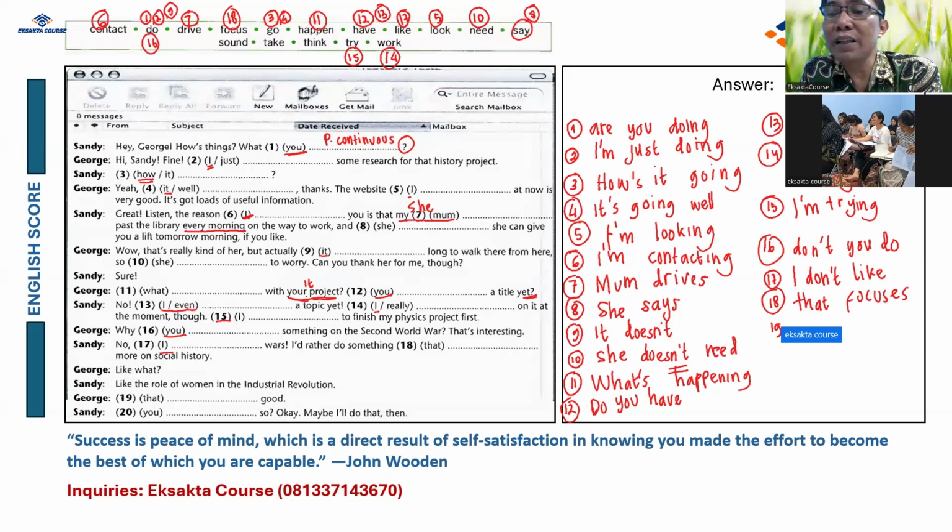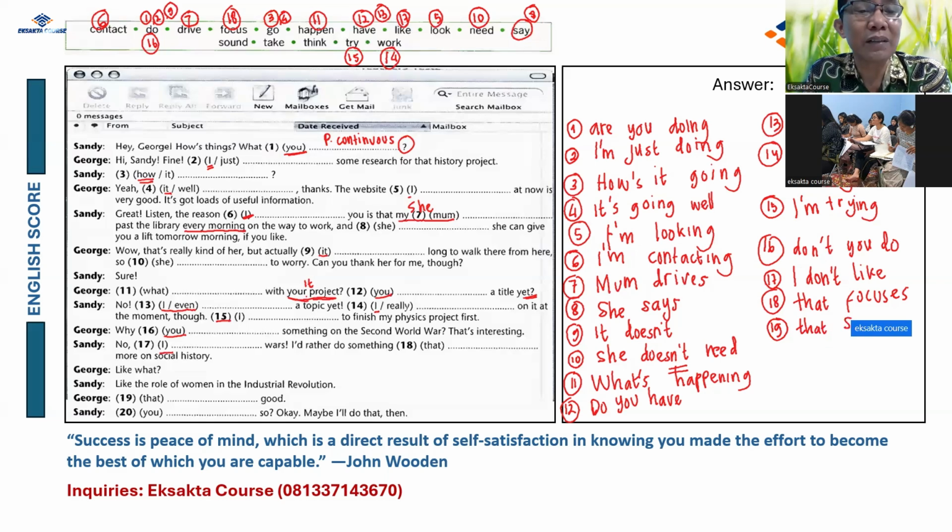And then number 19. Before 19, I told you that Sandy likes the role of women in the industrial revolution, and then Georgie says blah blah blah good. So the answer is that sounds good.